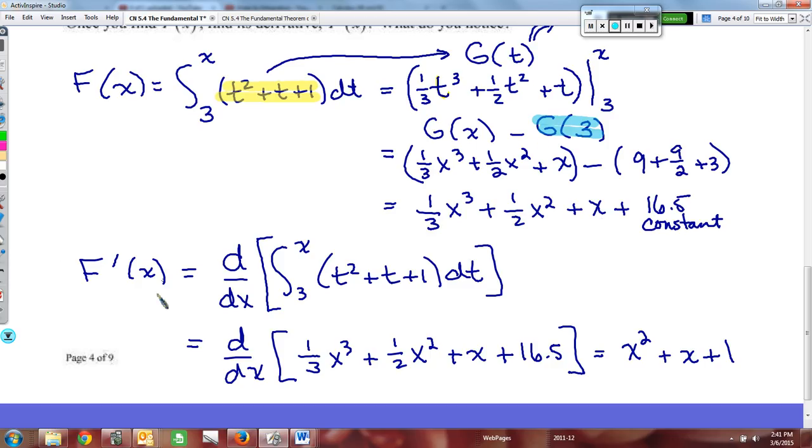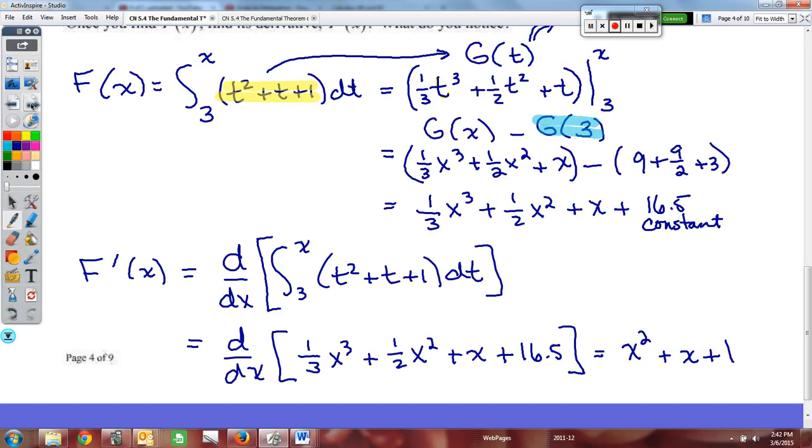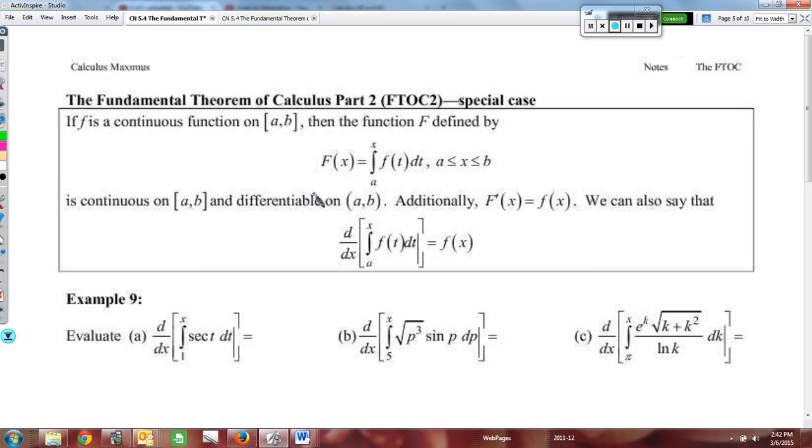So if I go to take the derivative of it, this portion right here, the derivative of an antiderivative is exactly back to where we started from. The only difference is now it's a function of x, not a function of t anymore, that we've managed to get into the x by doing the substitution up here. So the interesting thing about this fundamental theorem of calculus part 2 says that if we define this function, this accumulation function, by going a to x, that this starting value is going to set a constant.